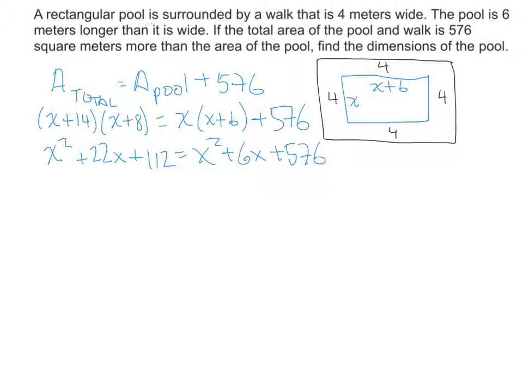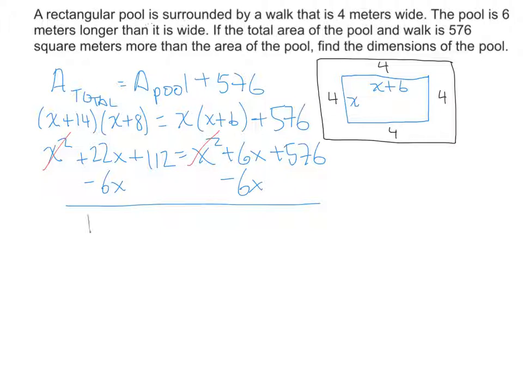Now, of course, our goal is to factor this, but that means we need to use the zero product property, which means we also need to gather everything onto the same side. The nice thing about this one is when we subtract x squared from each side, the x squareds cancel out. And then since it's now a linear equation, sometimes that happens, let's subtract 6x from both sides.